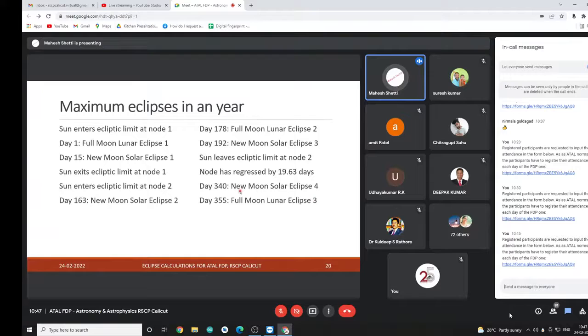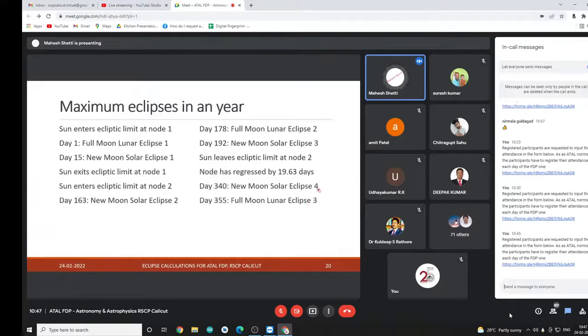So now count how many eclipses there are in that particular year. We started with a full moon, lunar eclipse 1, then immediately there was a solar eclipse. After 6 months, solar eclipse, lunar eclipse, solar eclipse took place. And before the end of the year, again at the first node, a solar eclipse and a lunar eclipse are going to take place.